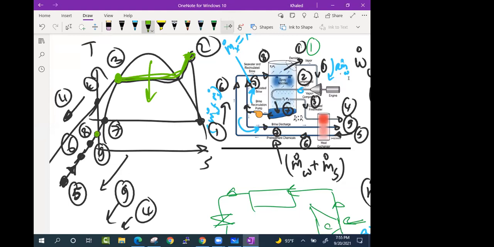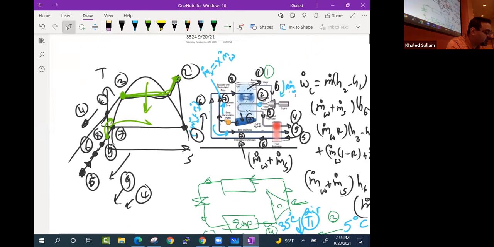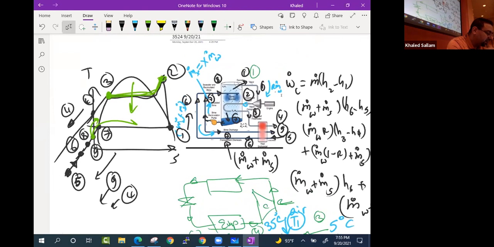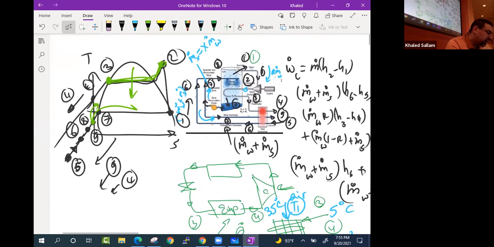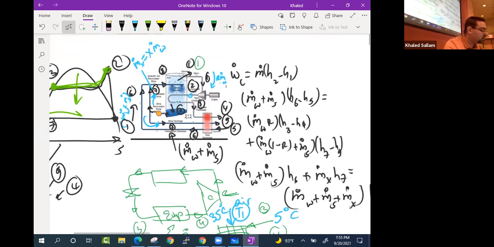By heating 8, 5, right? So I could just look at that evaporator and tell myself there is inlet and outlet. I'm going to write the first law of thermodynamics. I'm going to say m dot in h in equals m dot out h out.